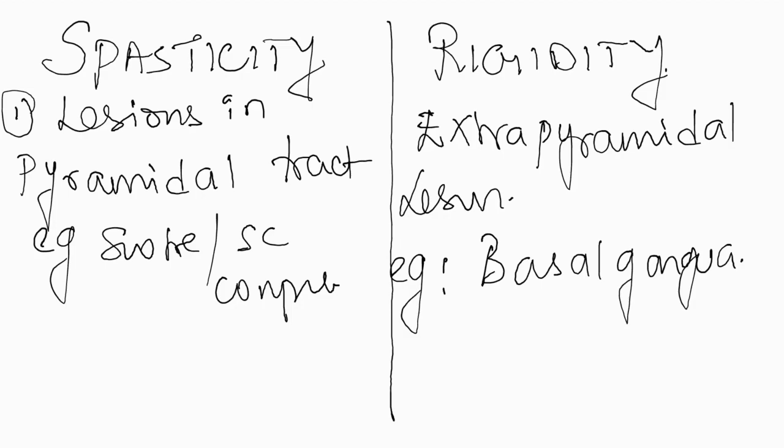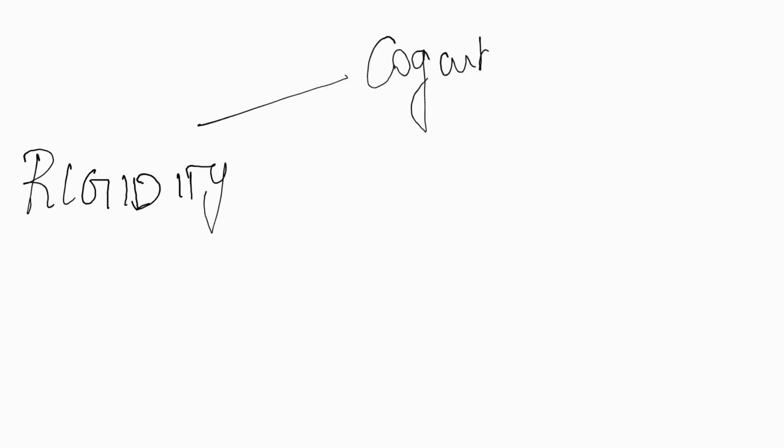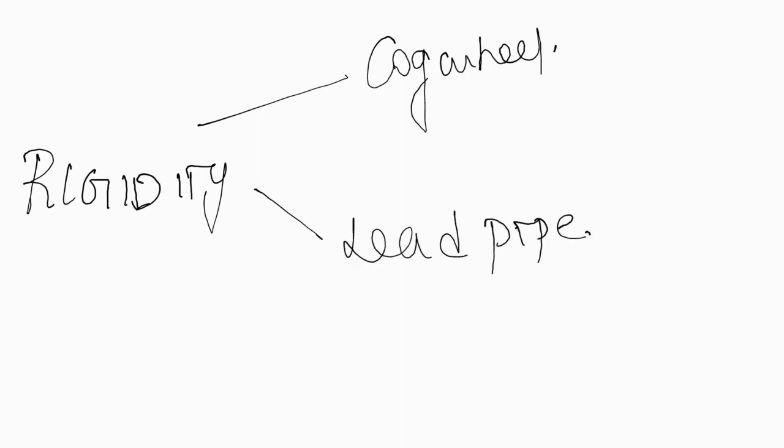There are two types of rigidity that you should be aware of. First is the cogwheel type of rigidity, another one is the lead pipe type of rigidity. Cogwheel is seen only when there is a tremor, especially as you would have seen in Parkinson's disease.